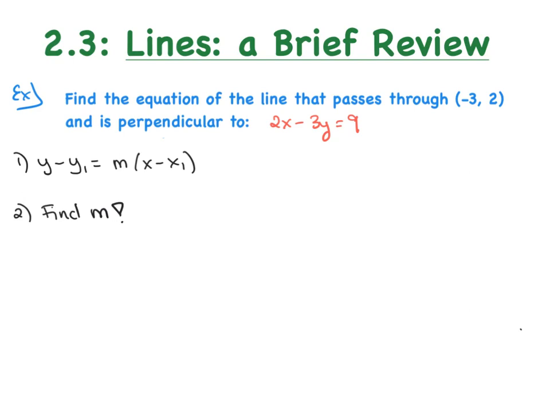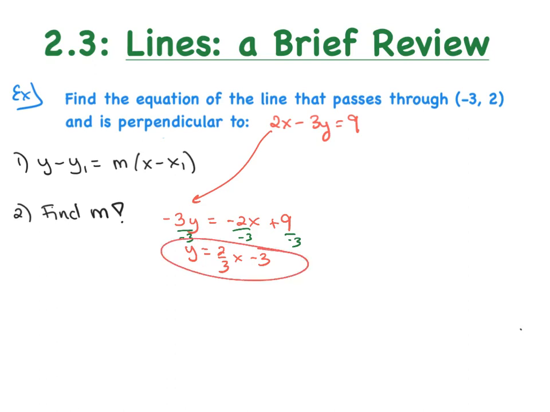To find the slope of this line, we need to isolate the y. So negative 3y equals negative 2x plus 9. And then dividing by negative 3, we get y equals positive 2/3 x minus 3.